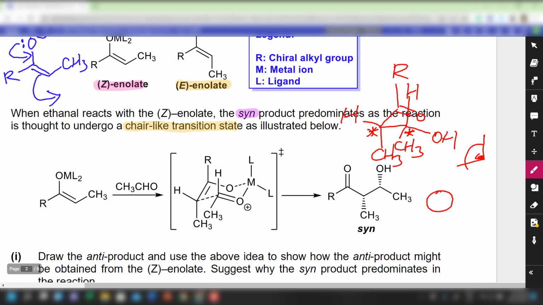Right in front of me, I have an H here, and I have a CH3, and then I have an OH. Then right below I have CH3 here. Then I have the H, and then the carbonyls, like this.